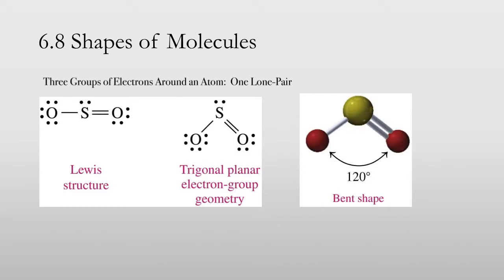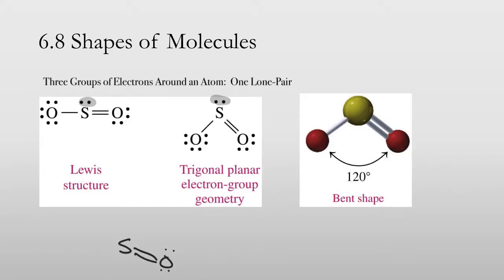If there are 3 groups of electrons around a centralized atom and there's 1 lone pair, we get what we call a bent shape. And so you can see the lone pair of electrons is on the sulfur right there. How I would draw this would be like this. So I have sulfur, here's a double bond to the oxygen.